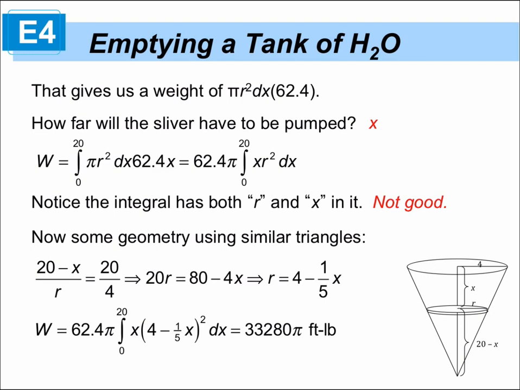And then I made kind of a big leap of faith there. I didn't even multiply it out. Then the integral times 62.4. And in this case, I chose to leave the pi in the answer there. You didn't have to. You could multiply it by 62.4 pi. But I didn't want to spend the time doing the antiderivative when I just want to get to the problem itself.